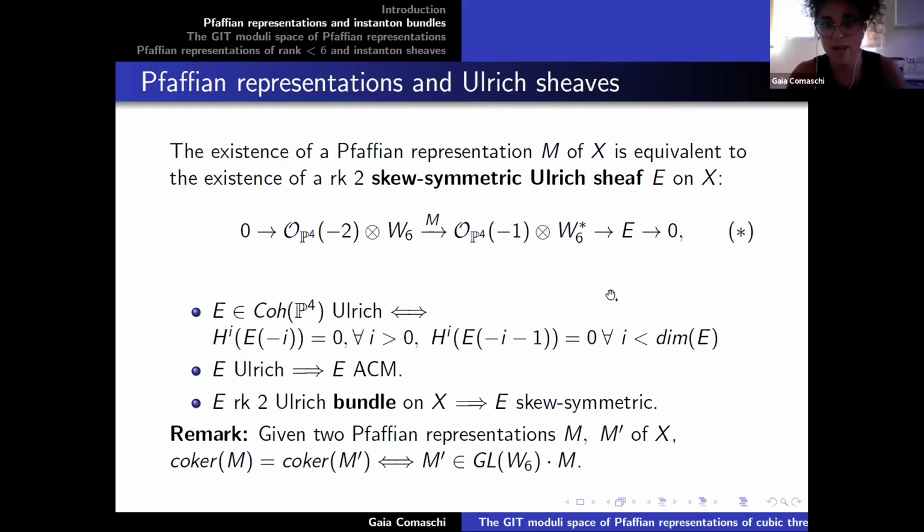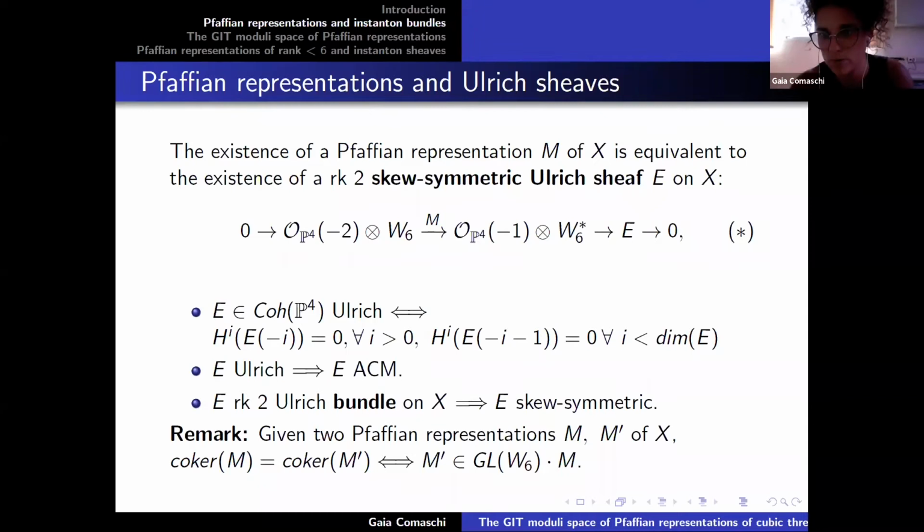This means that it is a sheaf supported on X that has rank 2 on X and whose resolution in P4 is a linear complex that has two terms and whose only non-vanishing differential is given exactly by a skew symmetric matrix whose entries are linear forms. So we can take this characterization by means of resolution as a definition for a rank 2 skew symmetric Ulrich sheaf on a cubic hypersurface.